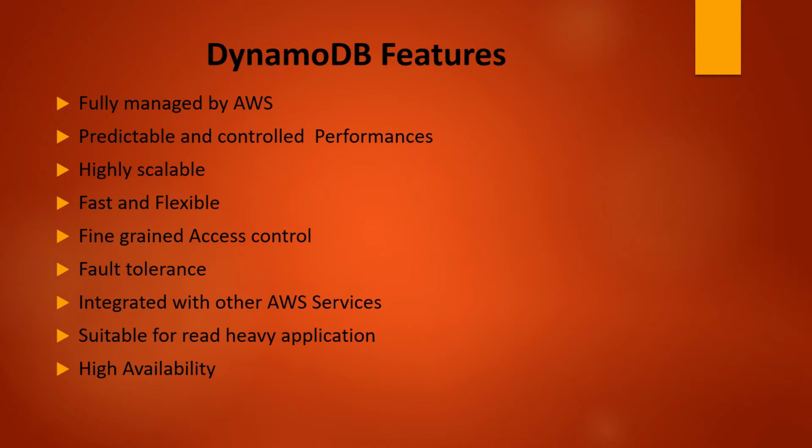And fault tolerance means that in case any errors happen, it can overcome and recover from the errors. It is integrated with other AWS services, it is suitable for read-heavy applications, and it has high availability. These are some of the features of DynamoDB.